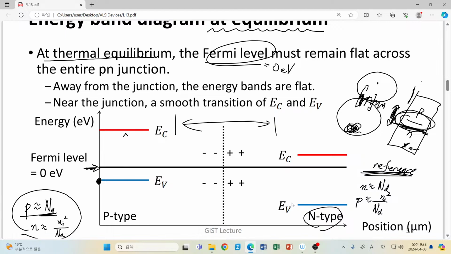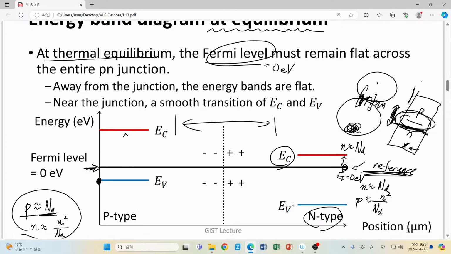The valence band is adjusted to keep our hole density at the acceptor doping density. A similar thing happens for our equilibrium n-type region. Here we have a reference Fermi level set at zero electron volts. Then we have a close conduction band edge in order to keep our electron density close to the doping density.